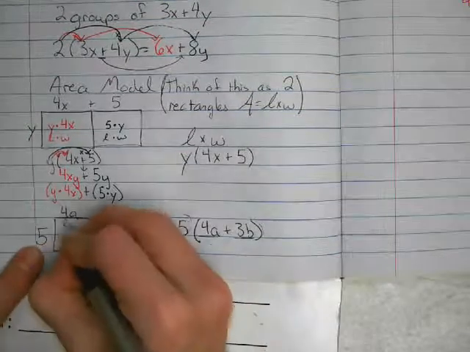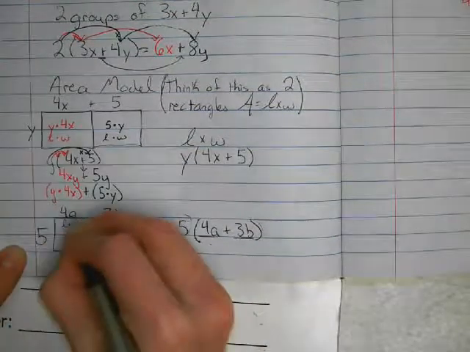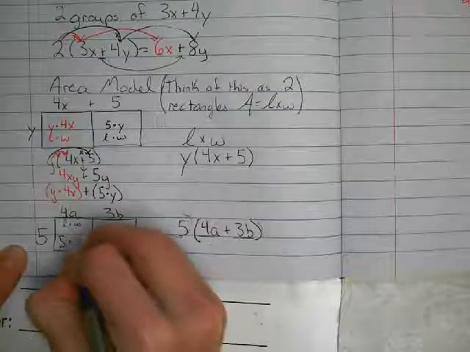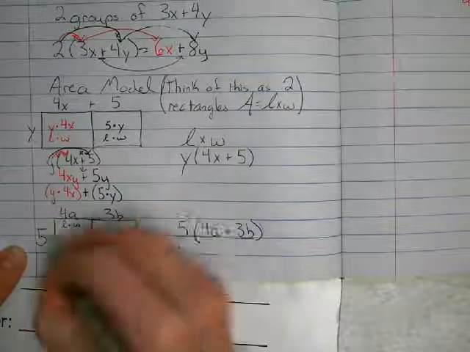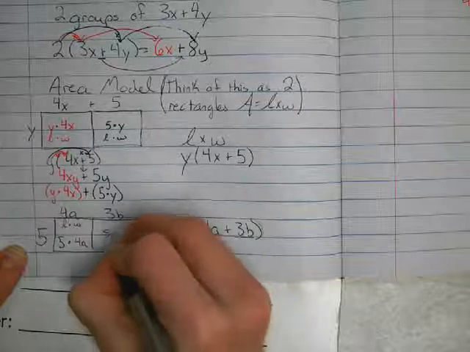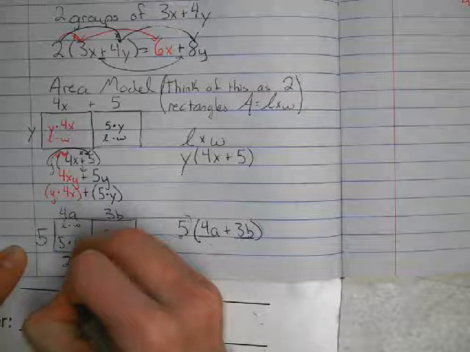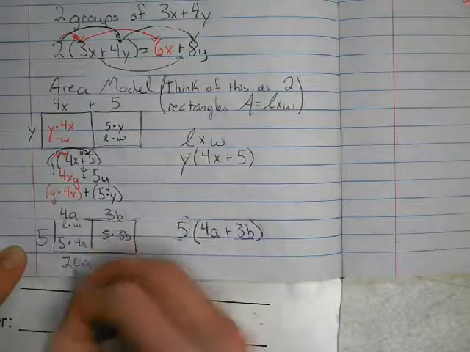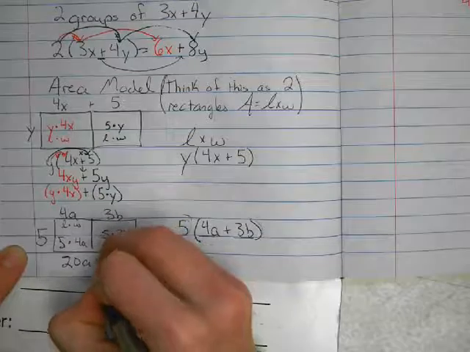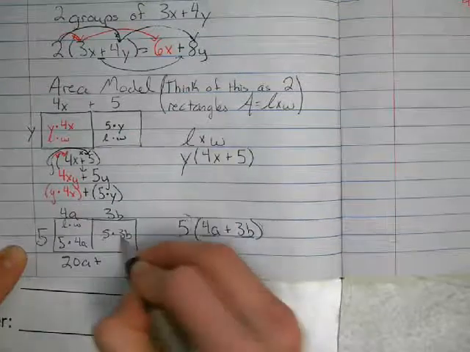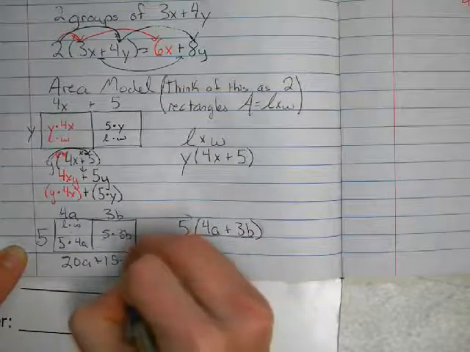Using length times width, I'm going to take length times width, 5 times 4a, and then length times width is 5 times 3b. And if you combine these, you get a 20a. 5 times 4 is 20. Keep the variable. We're adding it together. 5 times 3 is 15. Keep your variable.